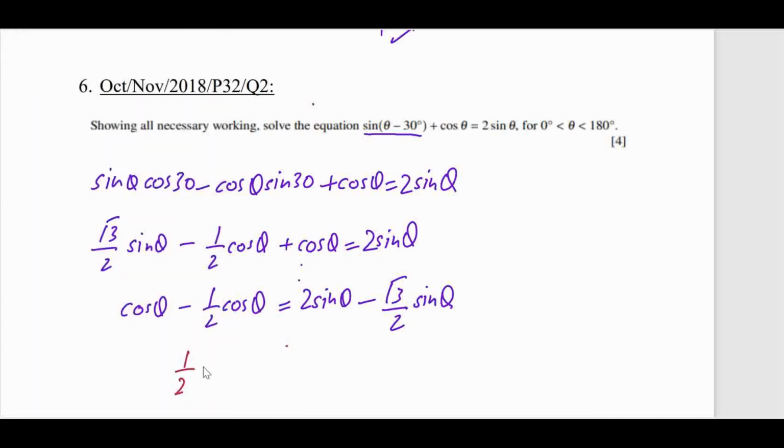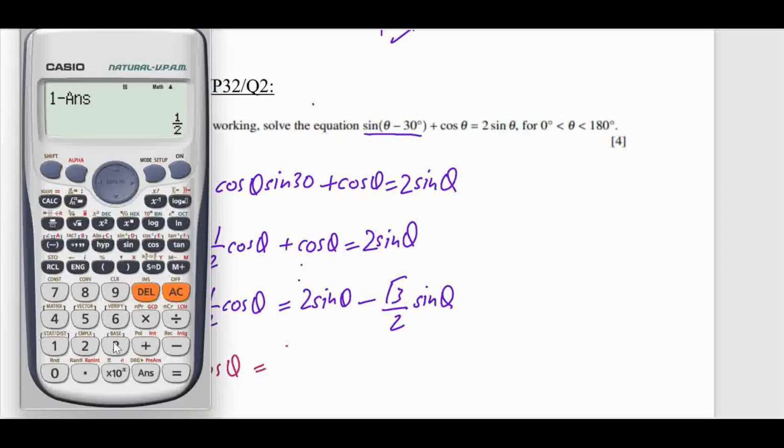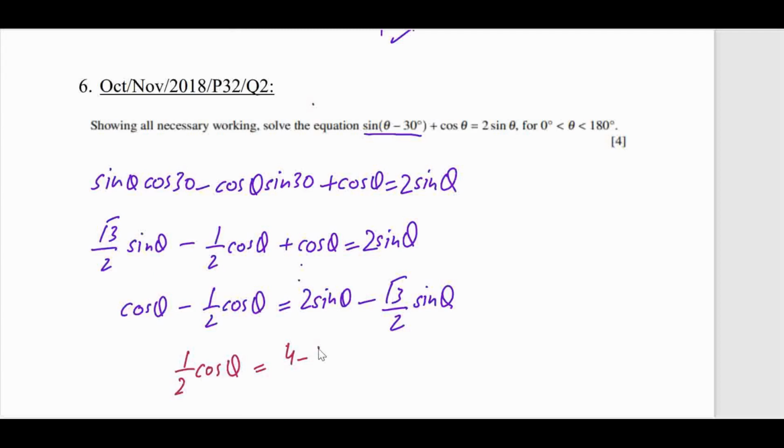This will be 1 by 2 cos theta is equal to 2 minus square root of 3 by 2, which is 4 minus square root of 3 by 2 sine theta.